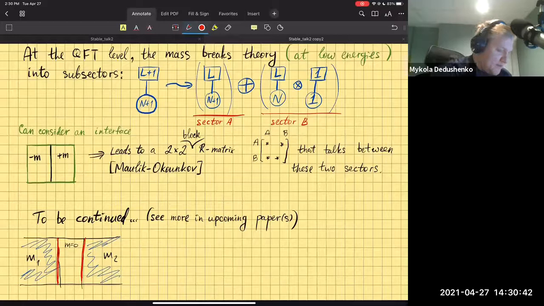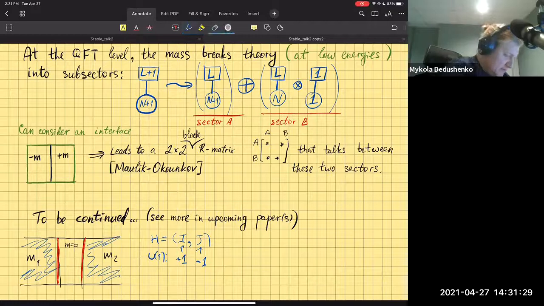Let me give you an example. Say we have a hypermultiplet, let's call it H, that consists of a pair of chirals I and J. We consider a U1 symmetry that rotates this one with charge +1 and this one with charge -1, and let's say that's exactly the mass that we consider here.